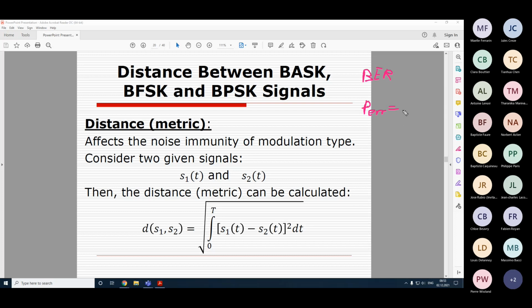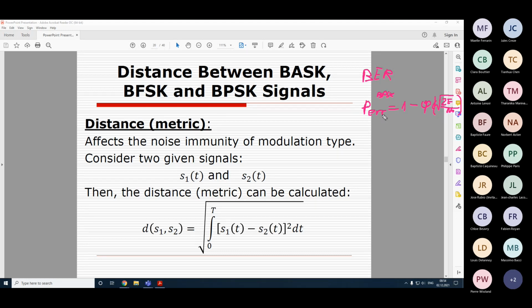And you had a formula like 1 minus phi function of a certain signal to noise ratio. Well, basically here we had a square root, for example, of the signal to noise ratio, for binary phase shift keying, for example, yes?